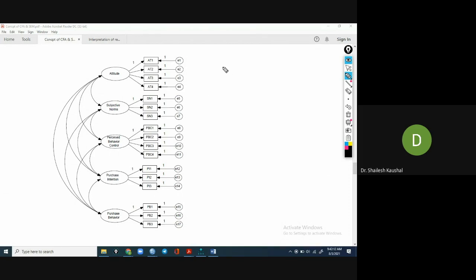This is my factor matrix, so I am just drawing the factor matrix. We use the factor matrix in EFA. There are 17 variables, V1, V2. These are basically questions. Attitude V1, second question V2, V3.